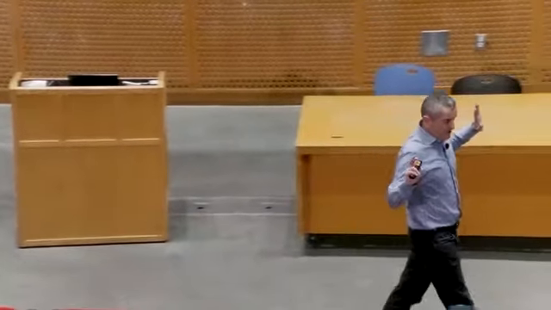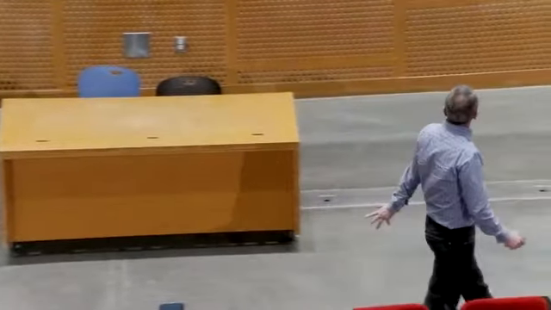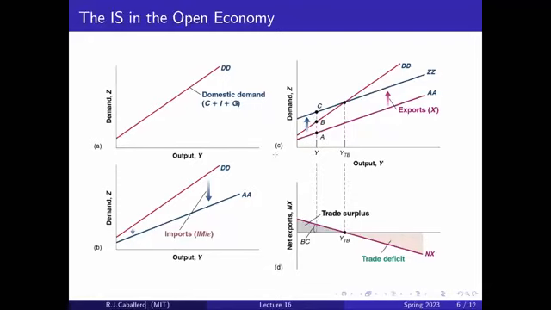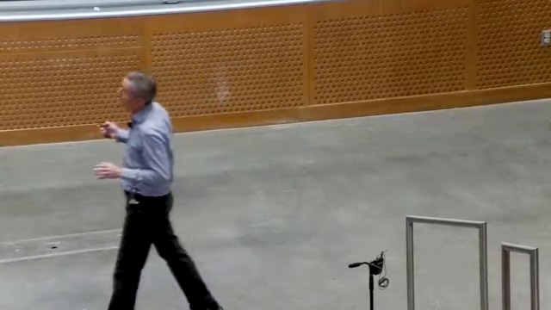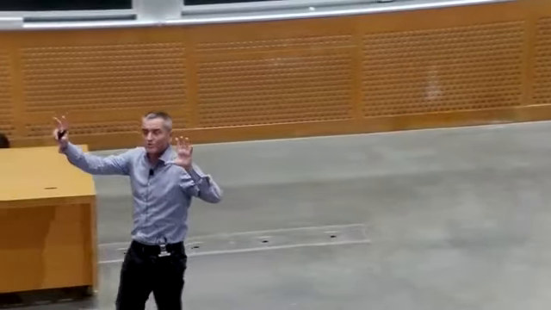Now we still haven't found equilibrium output, but there is a point that is already interesting here, which is this one. What do I know of this point? Well, at this point, domestic demand for goods is the same as demand for domestically produced goods. That also means that the trade balance is zero, meaning that at that point, exports are exactly equal to imports, so net exports are equal to zero.